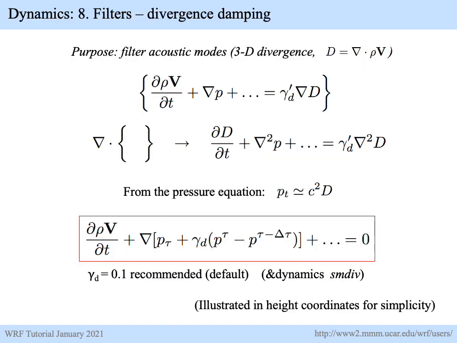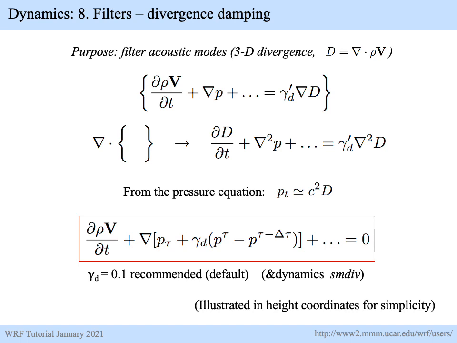There are a number of filters in Advanced Research WRF, and in the next several slides I'm going to go through what these filters are and whether you need them or not, and what you can potentially play around with if you're seeing behavior that you want to see how the filters are affecting. One of the first ones is a 3D divergence damping, where the divergence is the 3-dimensional divergence.